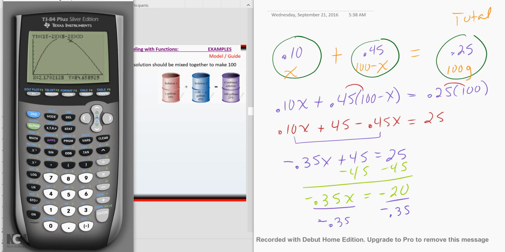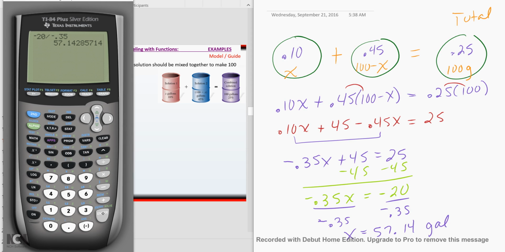So I have negative 20 divided by negative 0.35, and I get x equals 57.14 gallons.